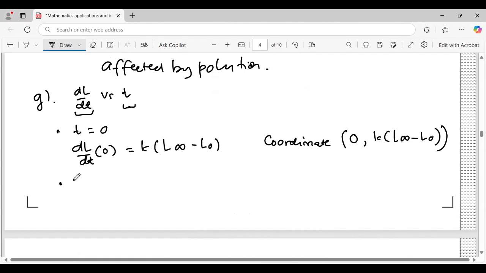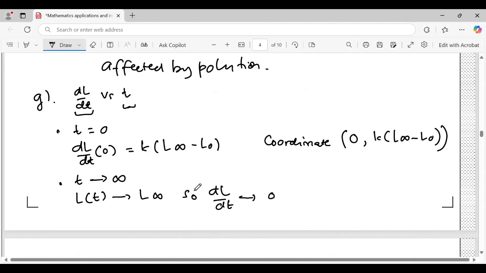Next, when t approaches infinity, L will approach L infinity, so dL/dt approaches 0 also.